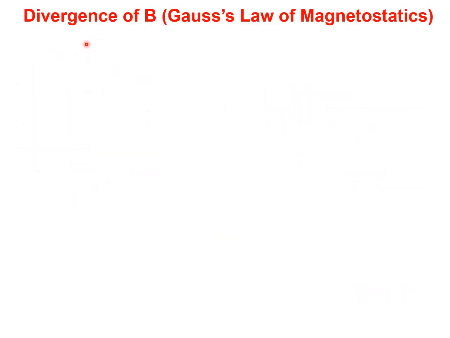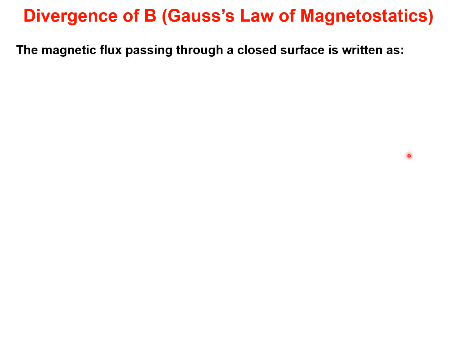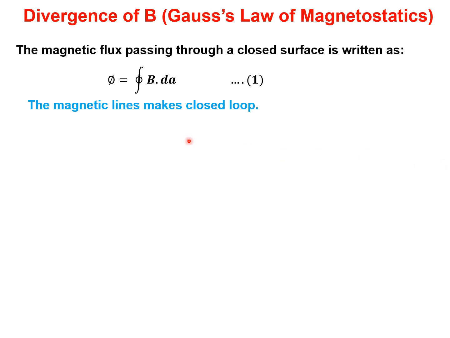Now we will discuss the divergence of B, which gives us the Gauss law of magnetostatics. The magnetic flux passing through a closed surface is given by phi equal to the surface integral of B dot dA. This is the total flux, and the magnetic lines make closed loops.